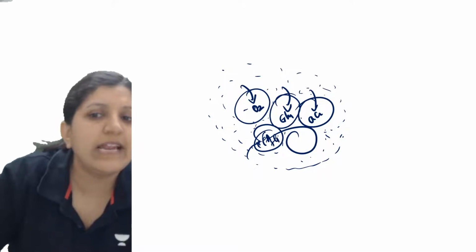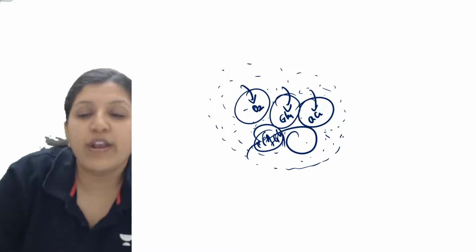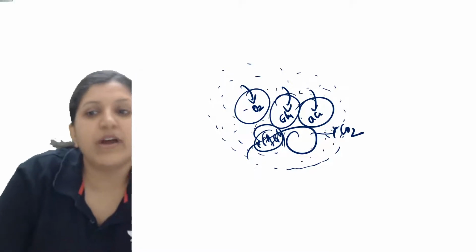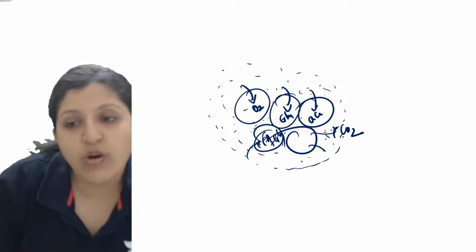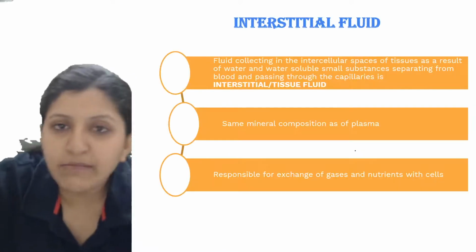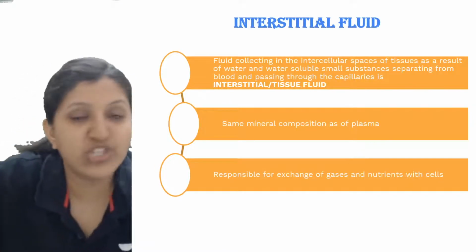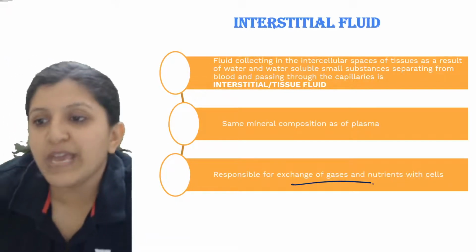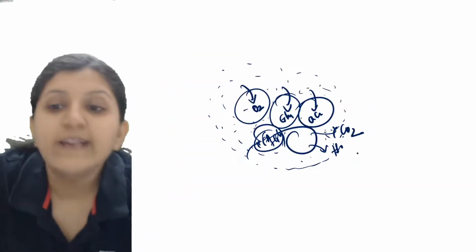Anything that has to be supplied, or even the unwanted products. Let's say carbon dioxide has to be given out, the water content can also be given out. Okay, so all this can be done by the tissue fluid. So it is responsible for exchange of gases and nutrients with the cell.